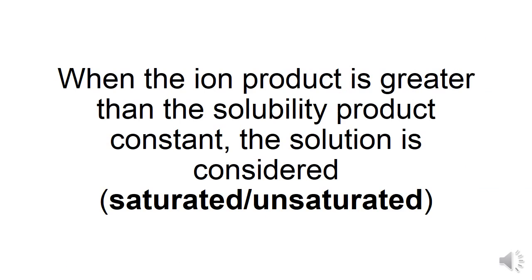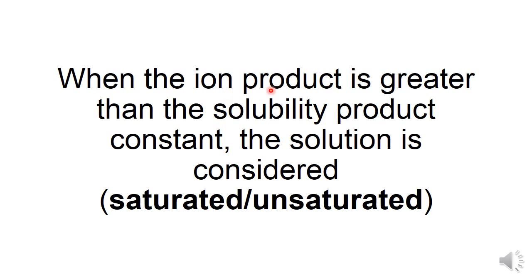All right, so memorize. When the ion product is greater than the solubility product constant, the solution is considered saturated or unsaturated. What's the best fit? So here we're comparing the ion product being greater than the solubility product.